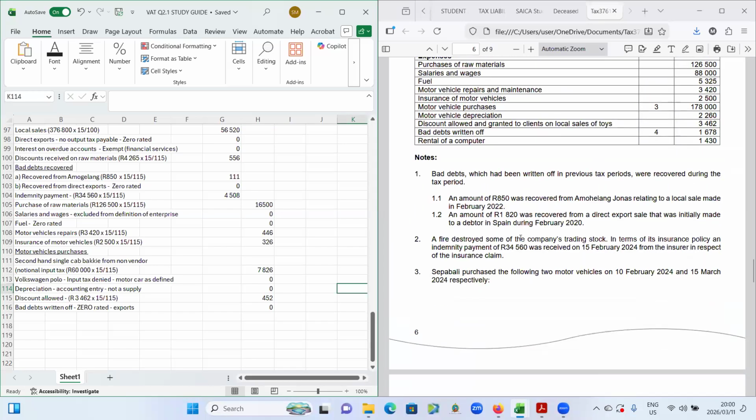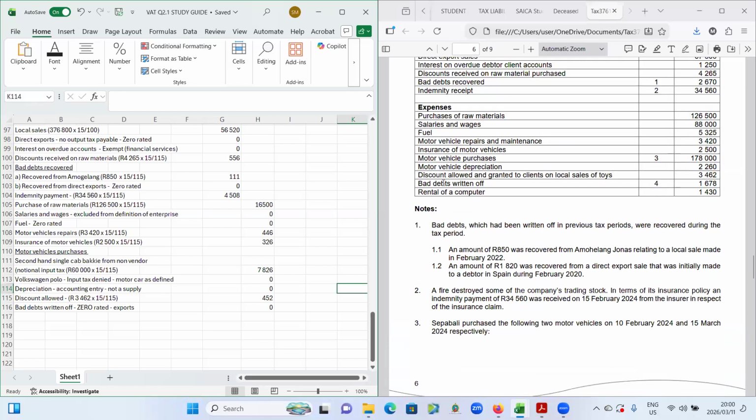Let's see what else do we have. Rental of computer. Rental of computer is 1,430 rand. Multiply by 15 over 115. So it's not zero rated, it's not exempted.